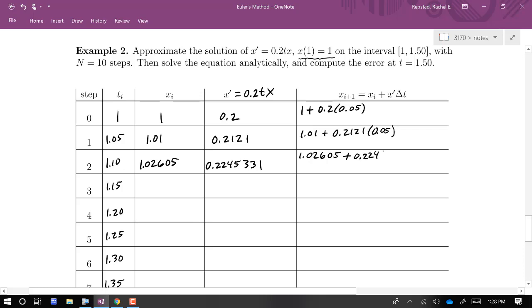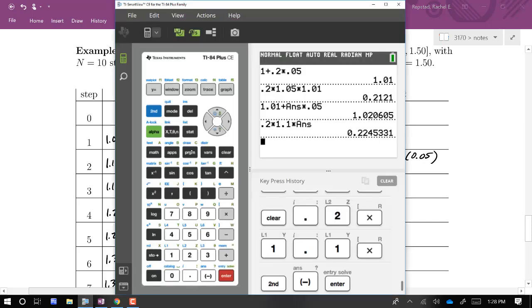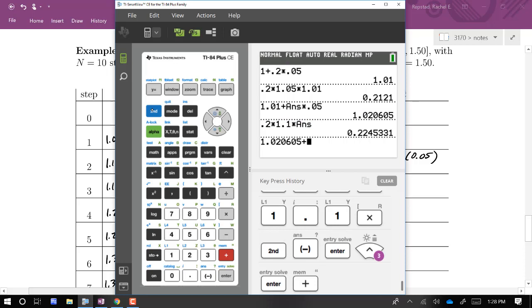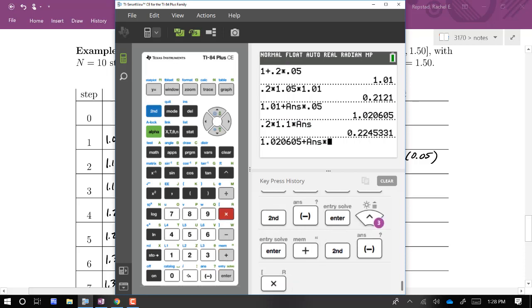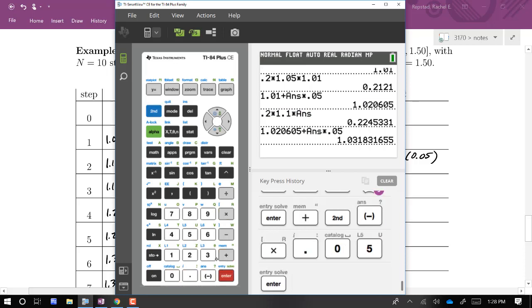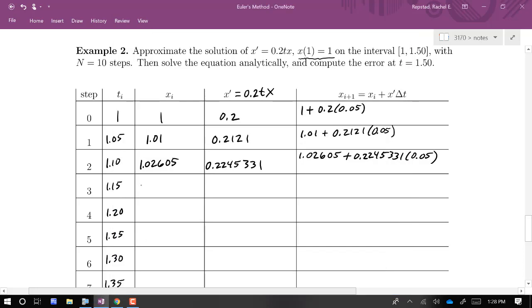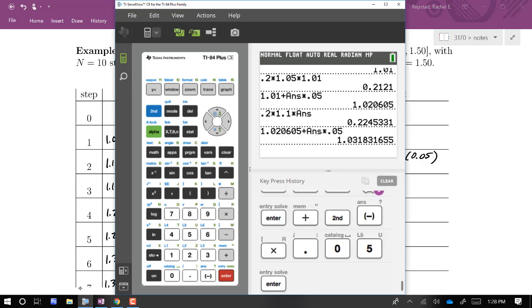Old x plus x prime times delta t. That gives 1.031 83165.